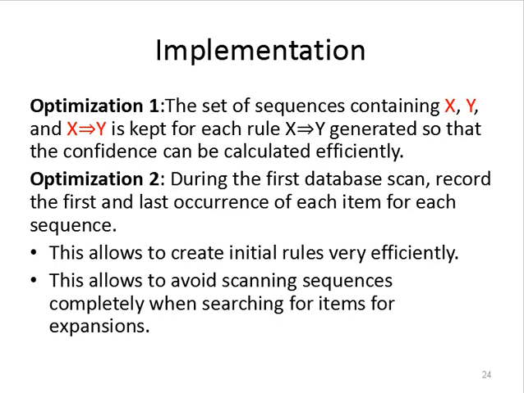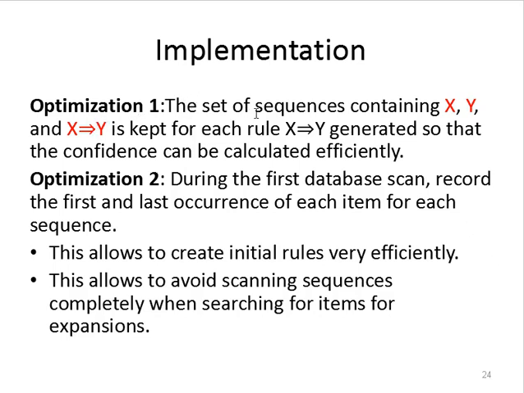Okay, so about the implementation of our algorithm. We start with the simple rules with 2 items, then we make the larger rules, as I said, and we scan the database to calculate the support and confidence. If we want to make this faster, there are some optimizations.